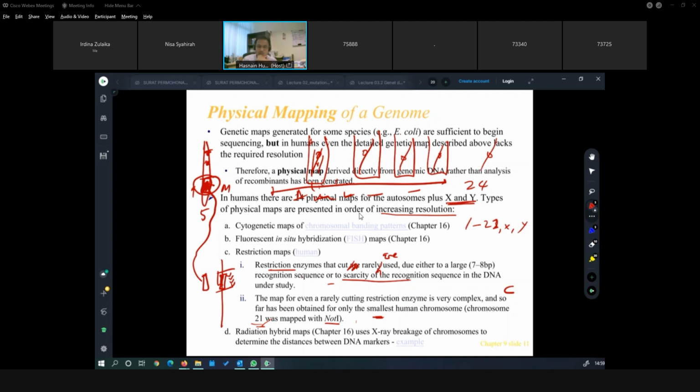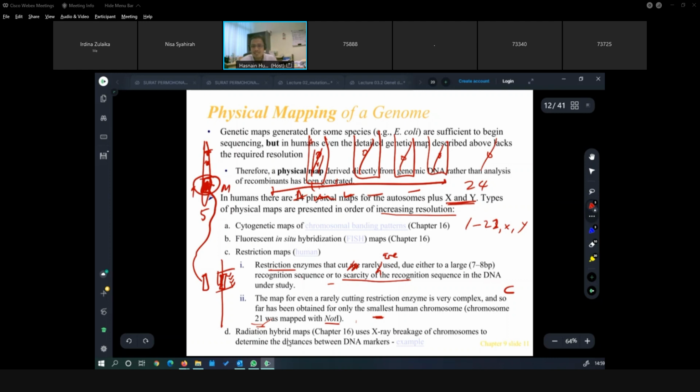In radiation hybrid maps, you break the DNA of another organism that is known, using X-ray, and then you can hybridize that to human DNA, similar to fluorescent in situ hybridization, and based on that, you are able to determine the marker.